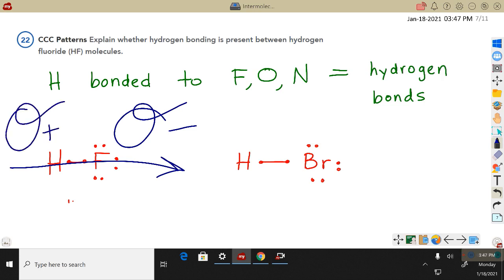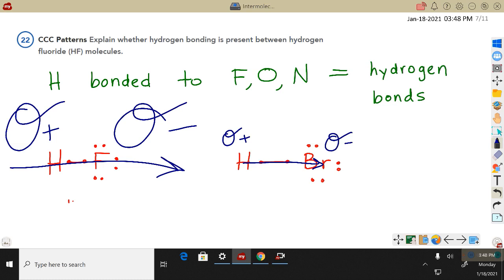It's the same concept with hydrogen and bromine, it's just that bromine's electronegativity isn't quite as intense as fluorine's, so the electrons still pull toward bromine, and it's still a polar molecule where the bromine region is partially negative and the hydrogen region becomes partially positive. It's just not quite as extreme.